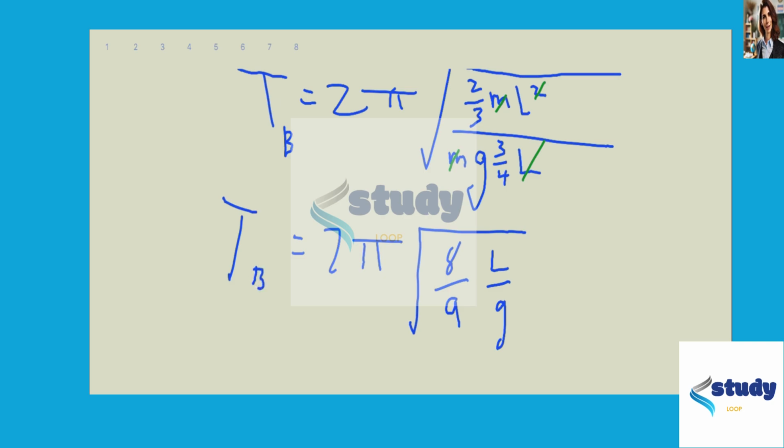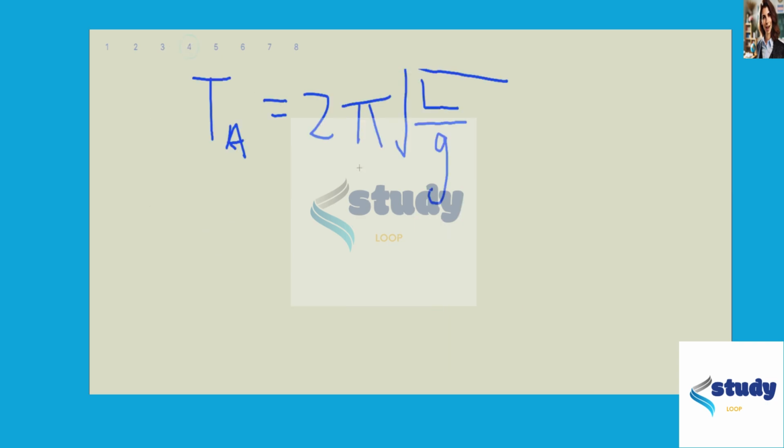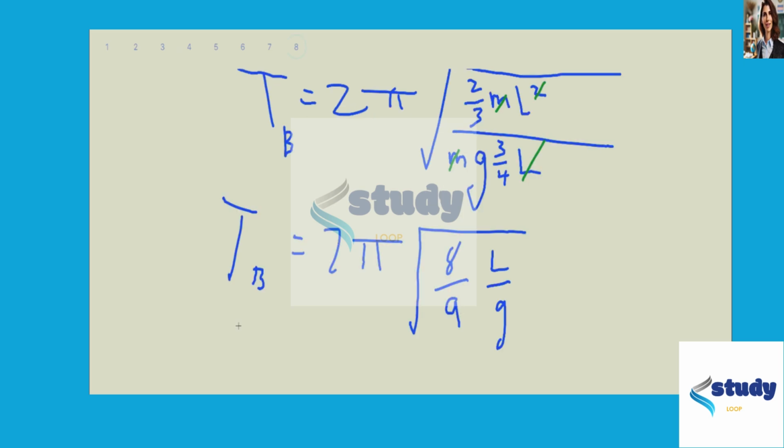And we're also asked which one takes longer to swing. So whichever one takes longer to swing will have a higher period. And so we have the 2 pi is the same. I'll write this as well to compare. TA is 2 pi root L over G. Okay.